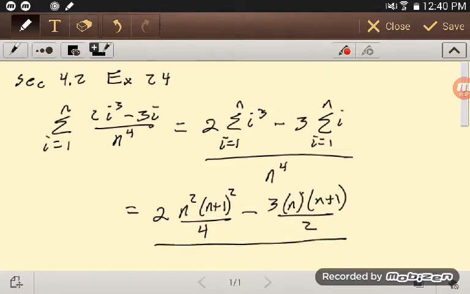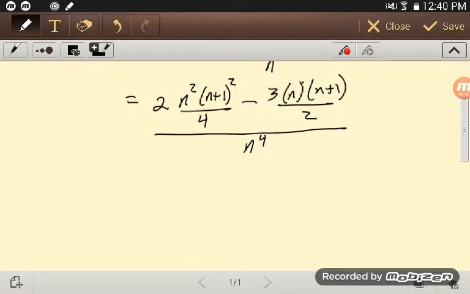And then that was all over n to the fourth. So this becomes just kind of an algebra exercise. That 2 and that 4 make a 2. So I've got a common denominator here. I can take that down here with the n to the fourth.